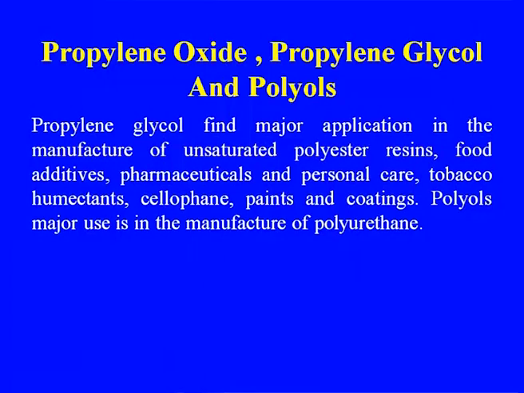Propylene glycol, which I told you we make from propylene oxide, finds major application in the manufacture of unsaturated polyester resin, food additives, pharmaceuticals, personal care, tobacco humectant, cellophane, paints and coatings. Another important product, polyols, has its major use in the manufacture of polyurethane.